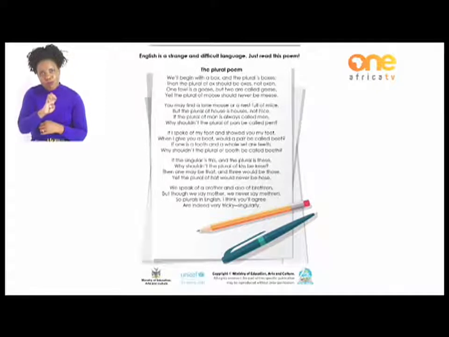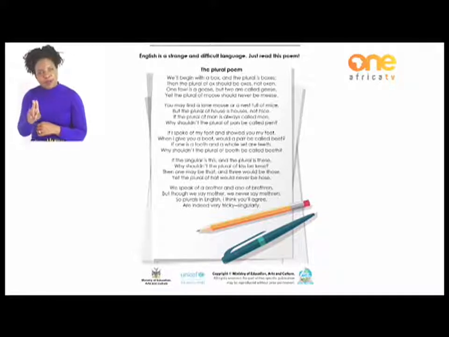Yet the plural of moose should never be meese. You may find a lone mouse or a nest full of mice, but the plural of house is houses, not hice. If the plural of men is always called men, why shouldn't the plural of pen be pen?